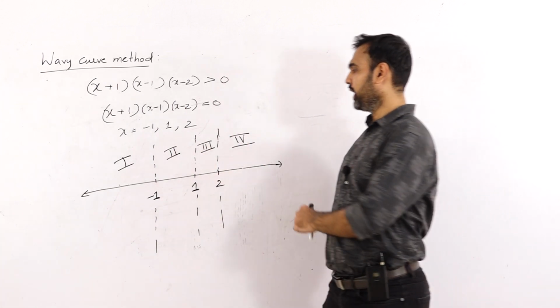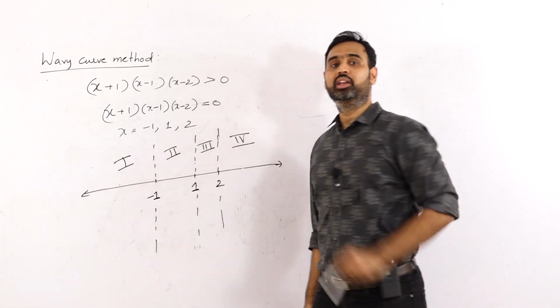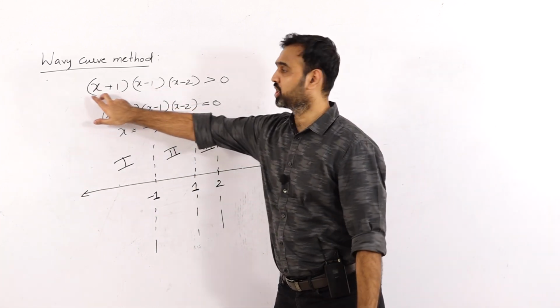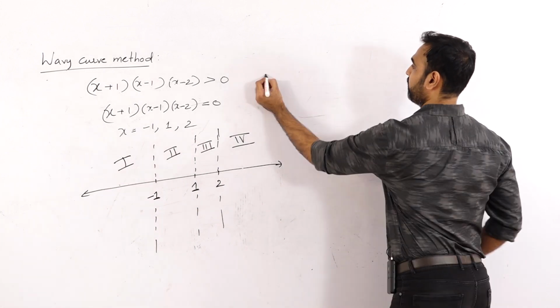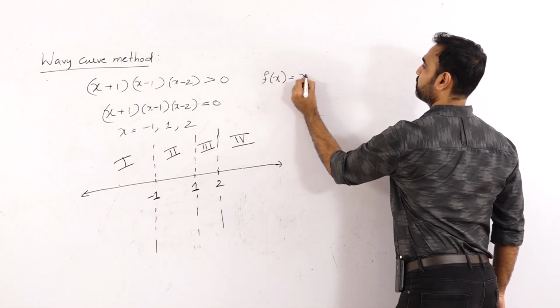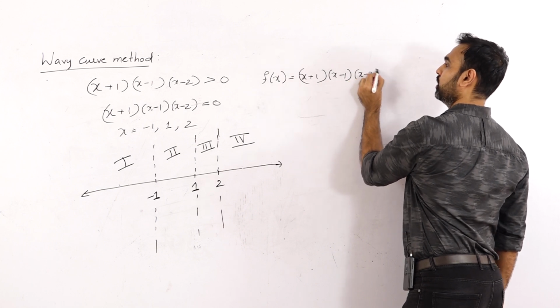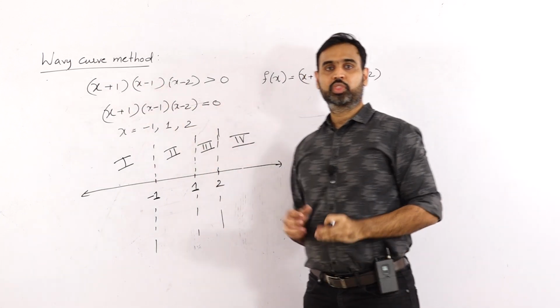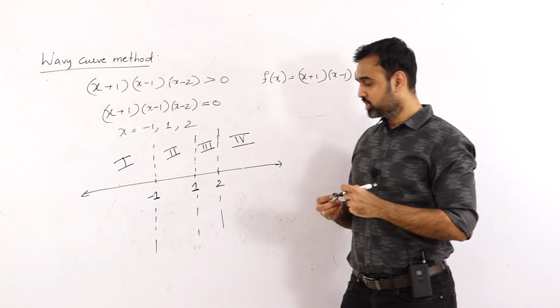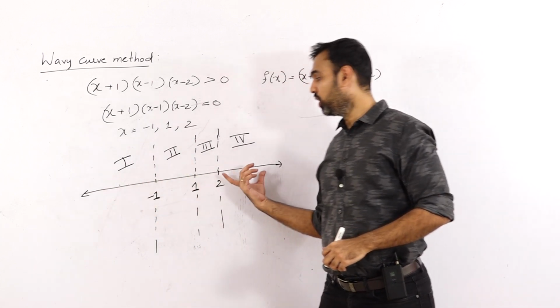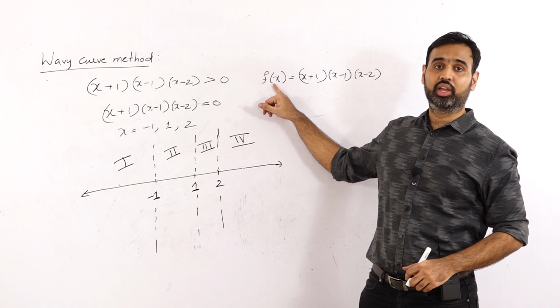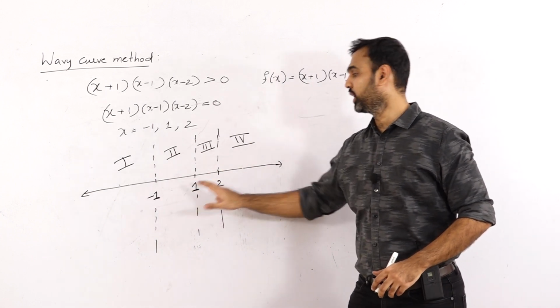You can substitute any value from the number line in the given expression. I will write f of x as (x plus 1) into (x minus 1) into (x minus 2), as a function of x, and I will substitute any value from the number line in place of x except minus 1, 1 and 2.